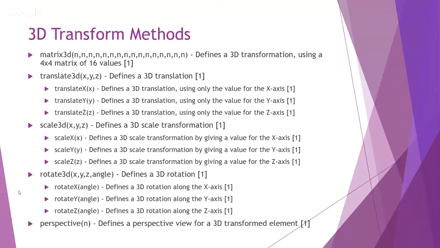And then there's rotate3d, which again uses the X, Y, and Z axis and the angle, and it will rotate it. And then there's perspective, which defines a perspective view for a 3D transformed element. The perspective is an interesting one. And again, for translate, scale, and rotate, you can do the specific X, Y, or Z axis and specify just that one parameter instead of worrying about all three.